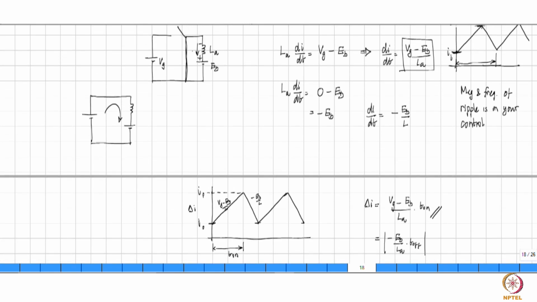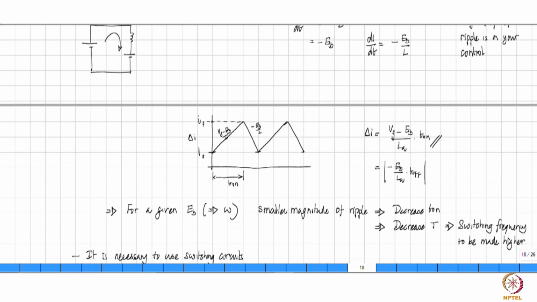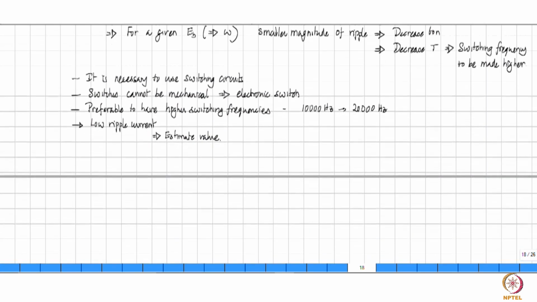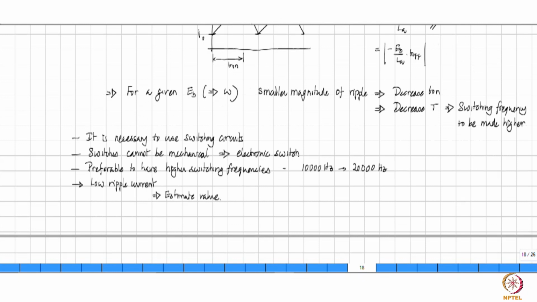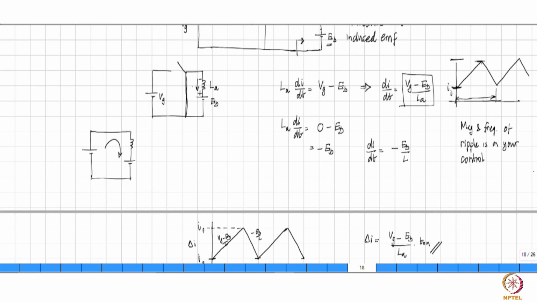Now, in reality, there is an armature resistance. So, what is the difference that the armature resistance will bring about? The armature resistance, if you have it, then during the on time, instead of the equation that we have here, we will have a slightly modified equation.